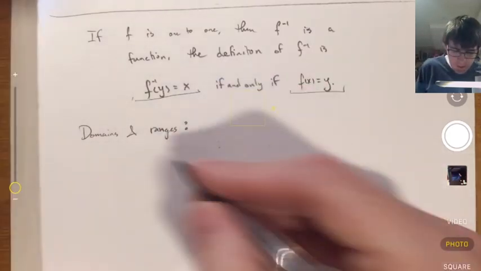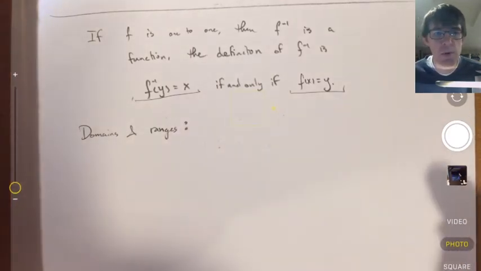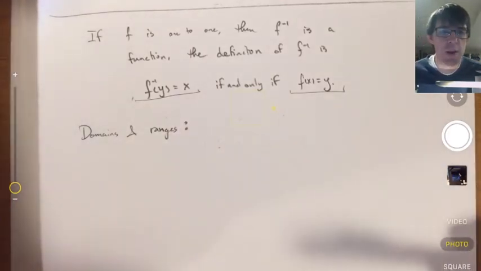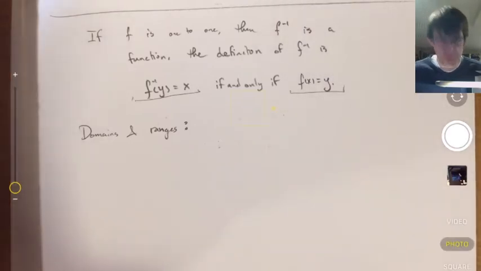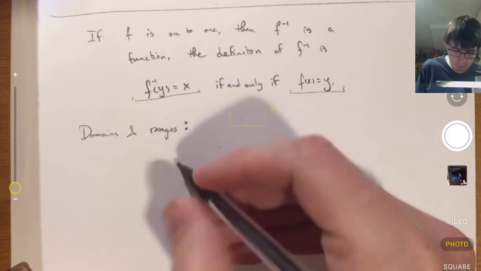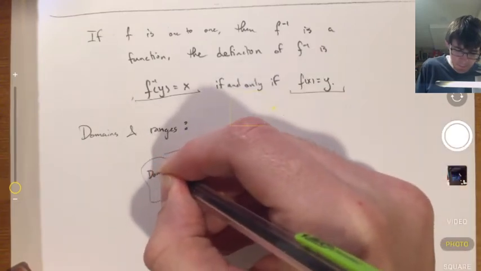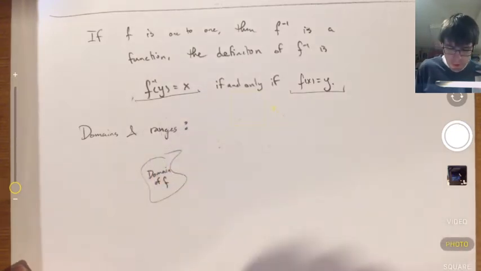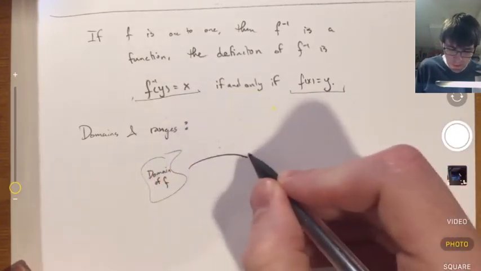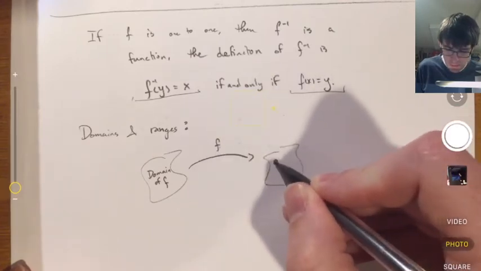Remember, the domain is the set of possible things you are allowed to plug into the function, and the range is all the answers you get out of the function. You could imagine the domain as some kind of blob of stuff, and the function takes those things and turns them into another blob of stuff.